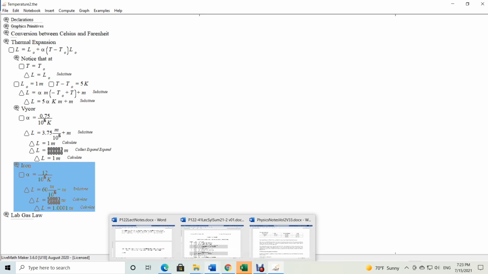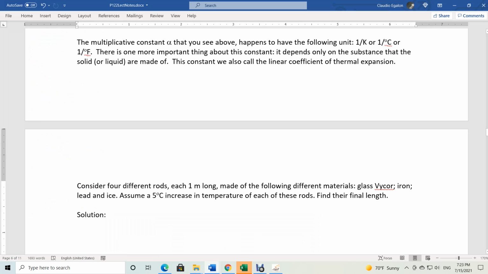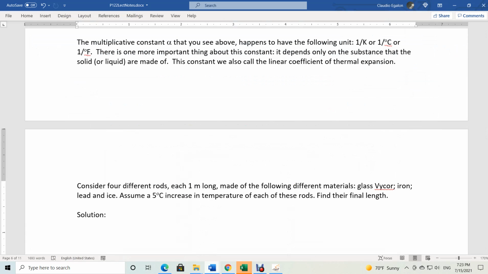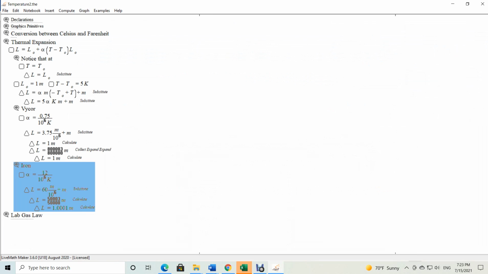The next one is lead. Let's go for lead now. Lead is 29. It's going to be almost 3 times more than the other one.